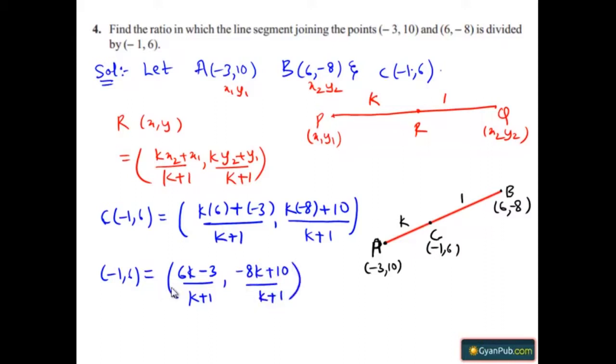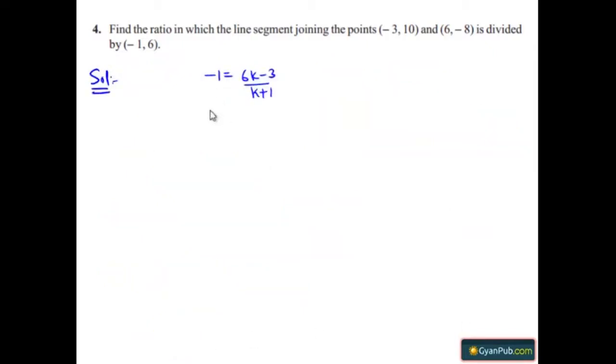Now let us equate the x coordinates. We have -1 = (6k - 3)/(k + 1). Multiplying k + 1 on both sides, we get -1(k + 1) = 6k - 3.